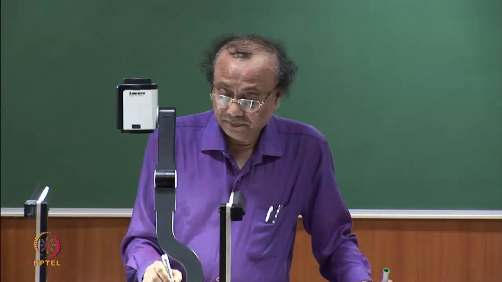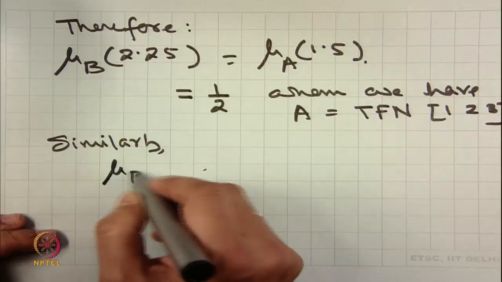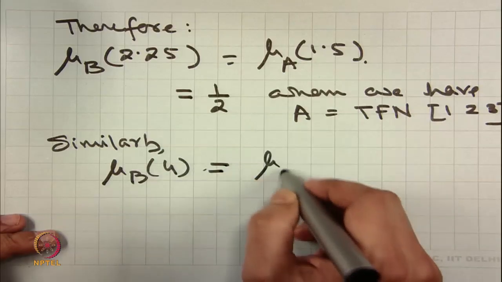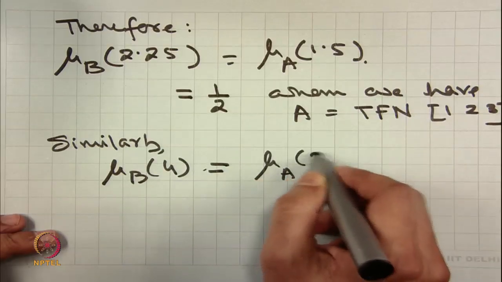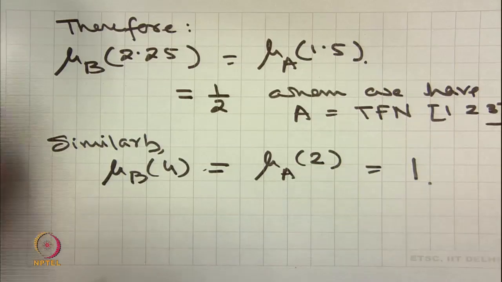Similarly, mu b of 4 is equal to mu a of 2 is equal to 1.